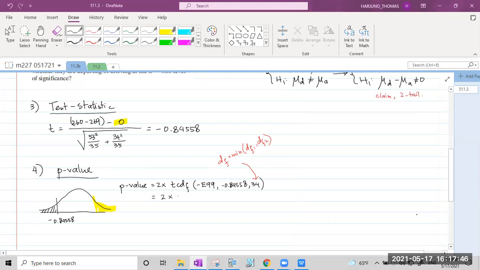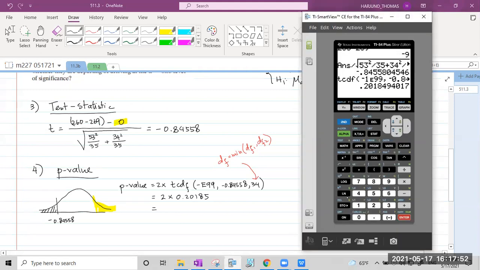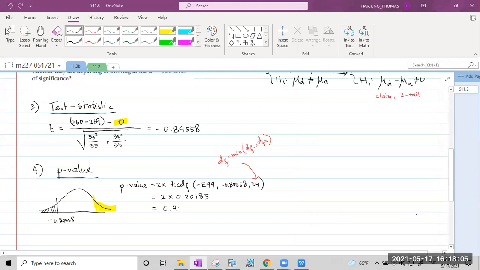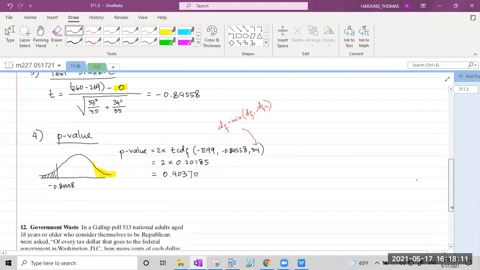Multiplied by 2, that's 0.40370. That's the p-value.